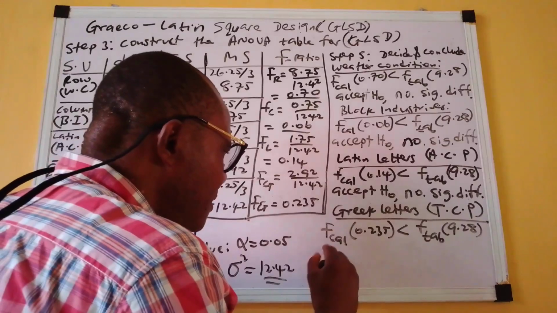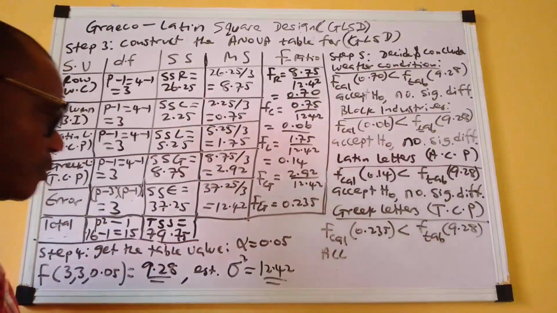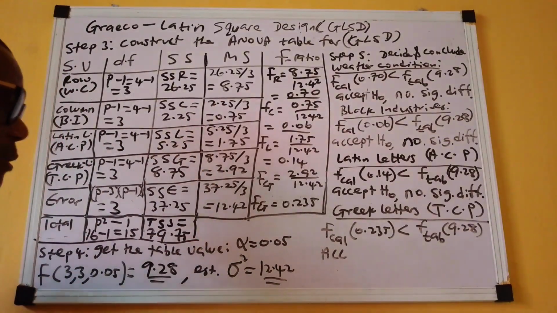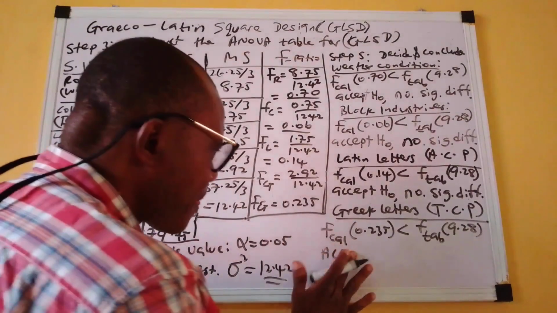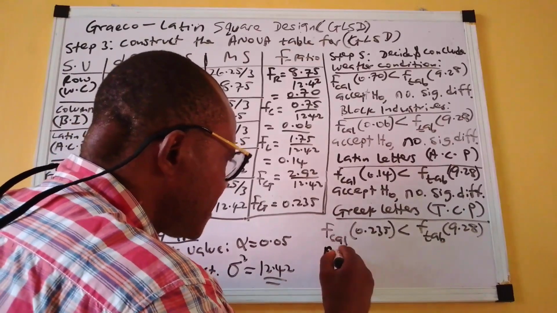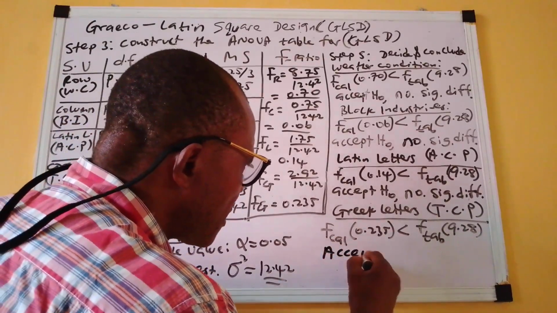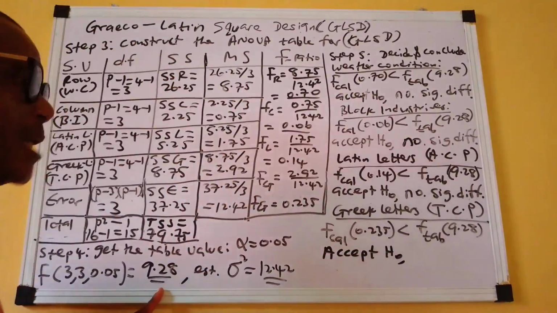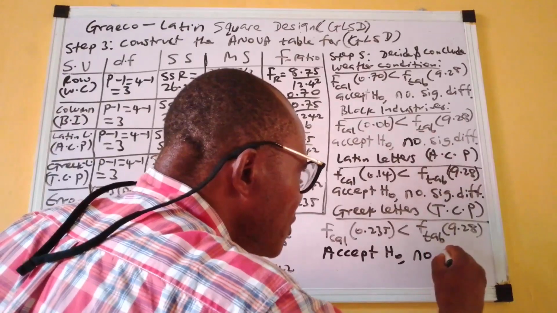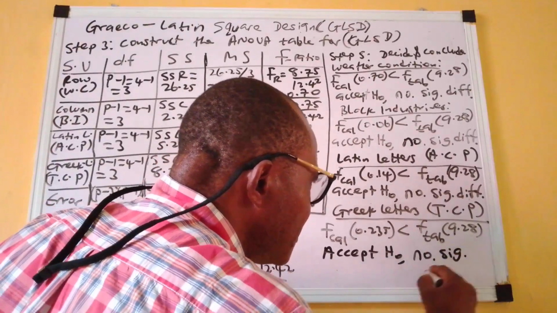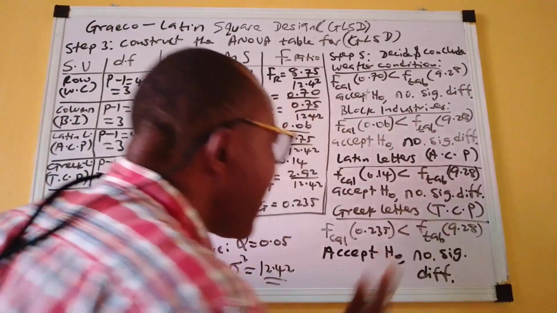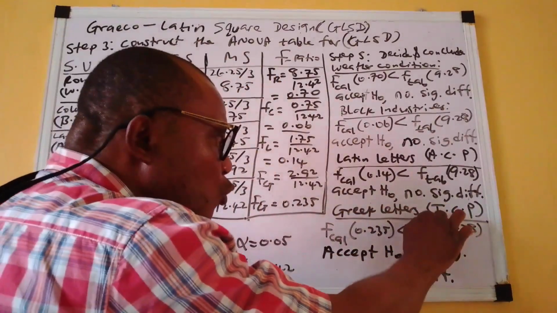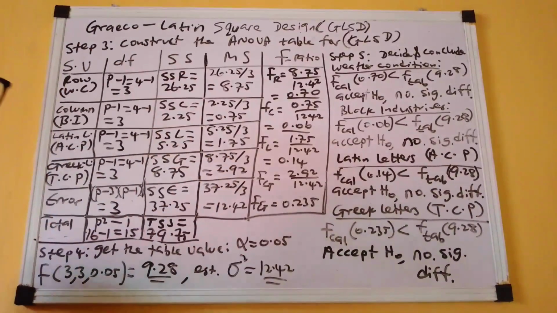We are going to accept HO and conclude that there is no significant difference among the Greek letters, among the Tombs cement products.